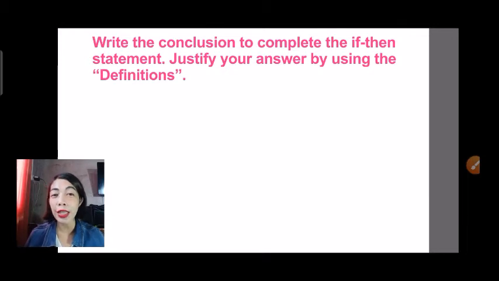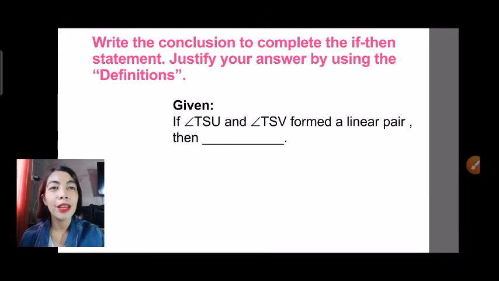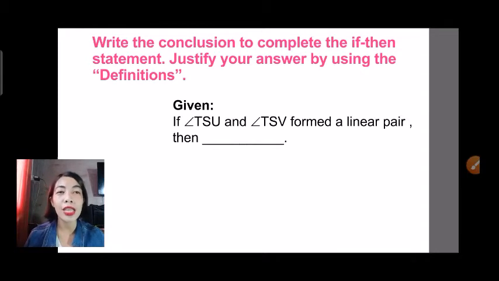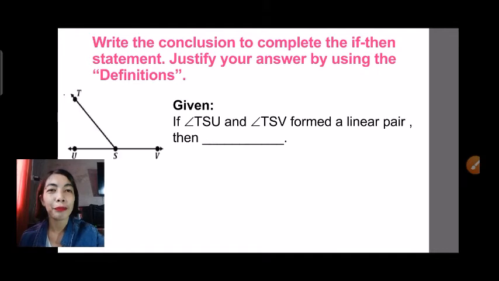Katulad ng ginawa natin kanina, if angle TSU and angle TSV form a linear pair, then, ano yung ilalagay natin sa then part? Kailangan daw natin ng definition. So, mag-drawing muna tayo. We draw angle TSU and angle TSV that form a linear pair.